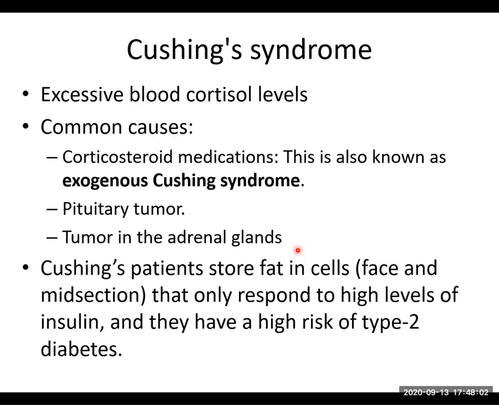So if the patient, for example, has an autoimmune disease or some other immune disease, or the patient received an organ transplantation, they need to suppress their immune system. And one way is to take the cortisol. If the patient takes too much cortisol, then this will lead to Cushing syndrome.